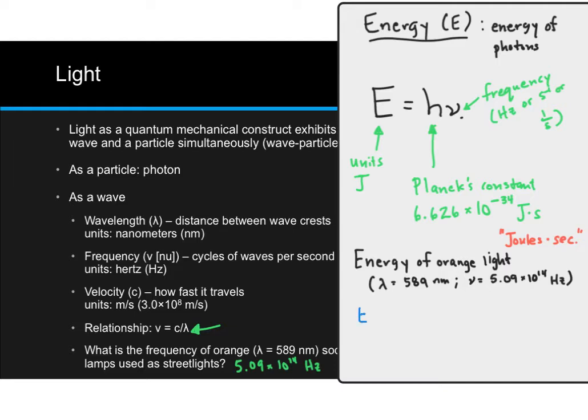The energy of a photon of light is Planck's constant. The constant value is 6.626 times 10 to the negative 34th power joules times seconds, multiplied by the frequency, 5.09 times 10 to the 14th power hertz, or inverse seconds, or 1 over seconds. In any case, units of seconds cancel out with units of hertz or inverse seconds.